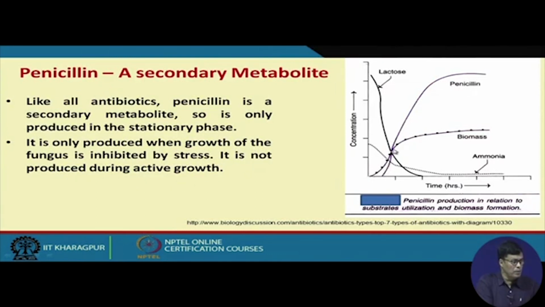Here you see that when the organism is almost going to the stationary phase, your penicillin production starts like this. That is why penicillin is considered a non-growth associated product, because the rate of production is proportional to the cell mass, but this occurs only when the organism attains the stationary phase. Thank you very much.